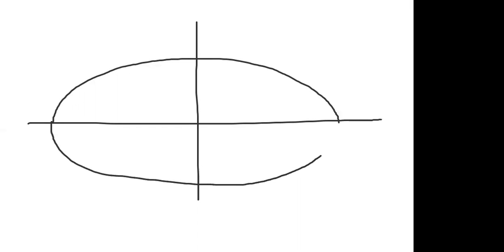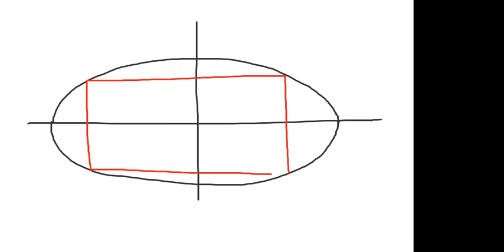See, there is one ellipse, and in this ellipse a rectangle is inscribed. The question given to you is an isosceles triangle inscribed. I'm taking a rectangle. That won't create any big difference.